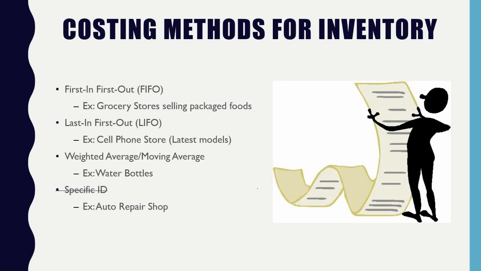Even though they still sell things like the iPhone 10, actually, the iPhone 10 doesn't exist anymore, but iPhone 11, iPhone 12, iPhone 13. Because they released the iPhone 13 this year, everyone's going to want to buy the iPhone 13 as opposed to the iPhone 11 or 12. Even though they still exist and they're still selling them, they usually sell out the latest models first because of the LIFO model.